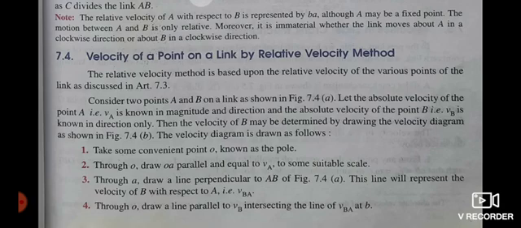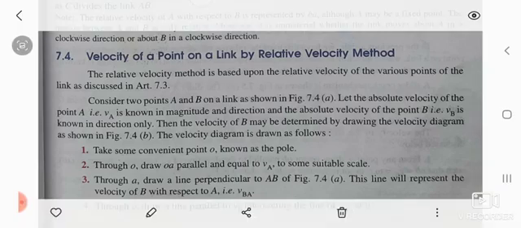Third point, through A draw a line perpendicular to AB of figure 7.4a. This line will represent the vector of B with respect to A, that is VBA dash. Through O draw a line parallel to VB intersecting the line of BA at B.